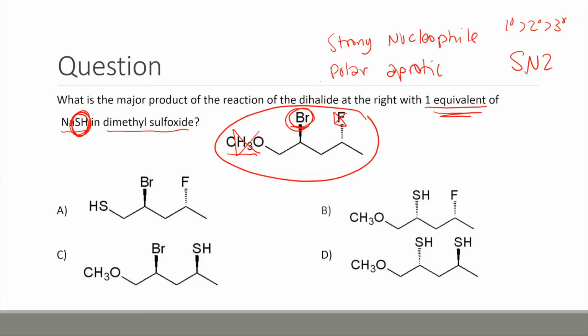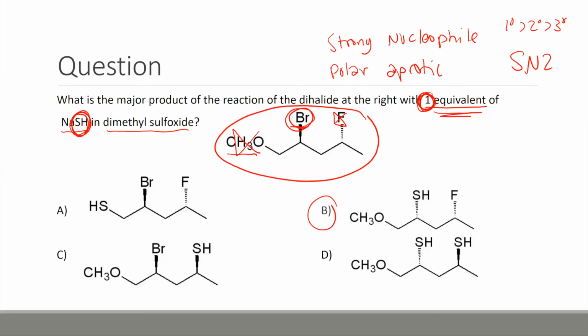So bromine is what will be substituted, and because it's only one equivalent, that means only one substitution will occur. So we should substitute out our bromine with a thiol group. So of these, our answer B is the only one that shows bromine substituted out with a thiol group.